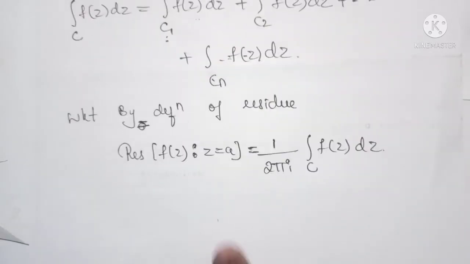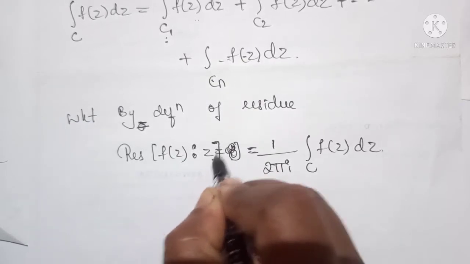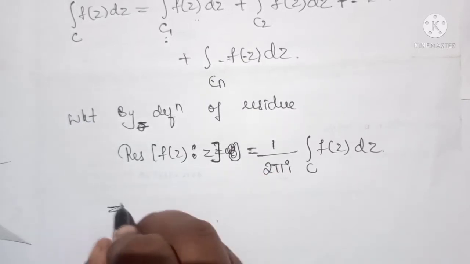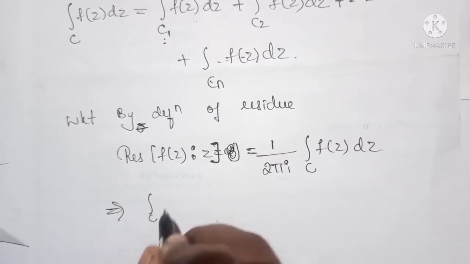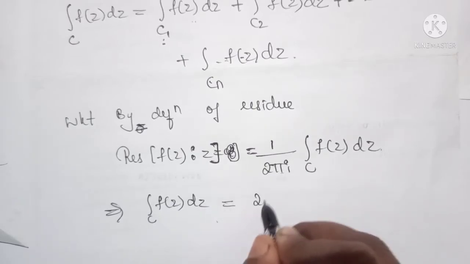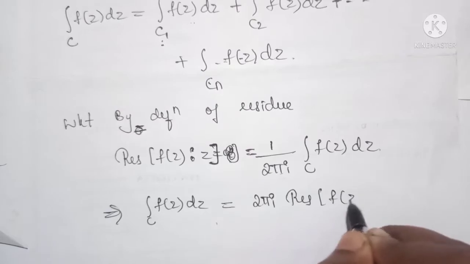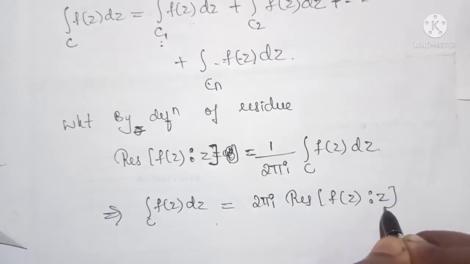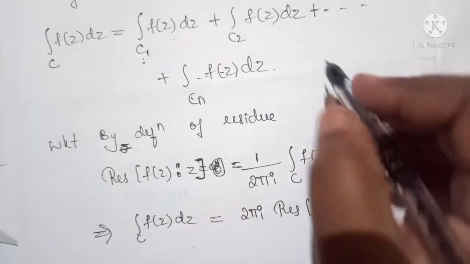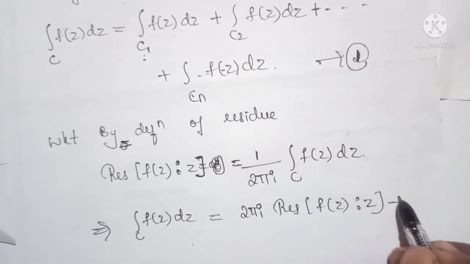Or it can be written as the integral over C of f of z dz equals 2 pi i times the residue of f of z at z. Consider this as equation 1 and this one as equation 2.